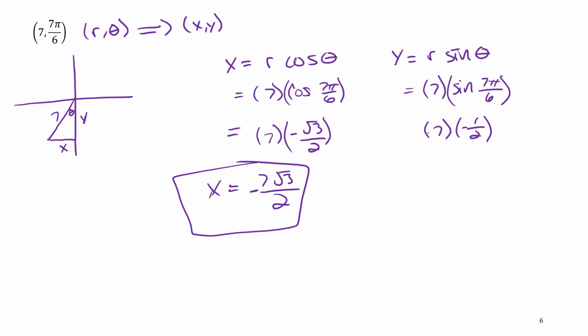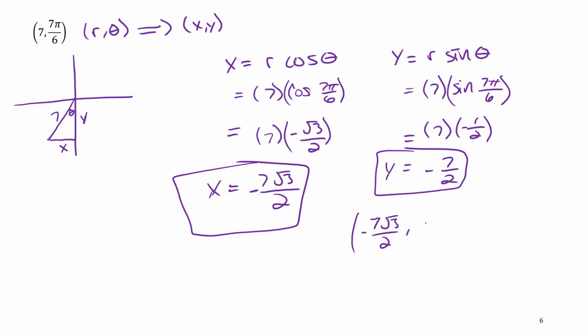And then you have 7, and this one will equal negative 7/2. You can write it in the form of a coordinate point, x and y. So you would write it as negative 7 square root 3 over 2, comma, negative 7 over 2. And that would be your answer.